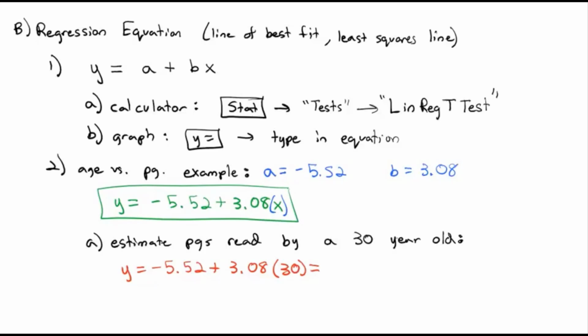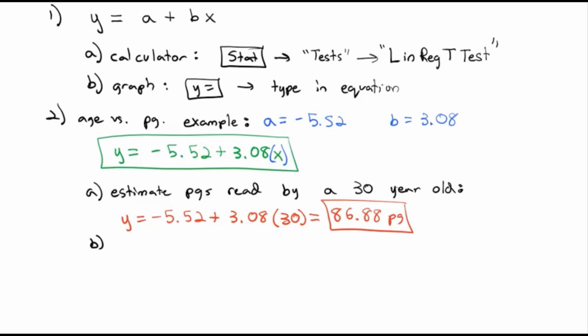And when I put that into my calculator, I end up with 86.88 pages. So round that maybe to 87 pages, we would expect this 30-year-old to read.